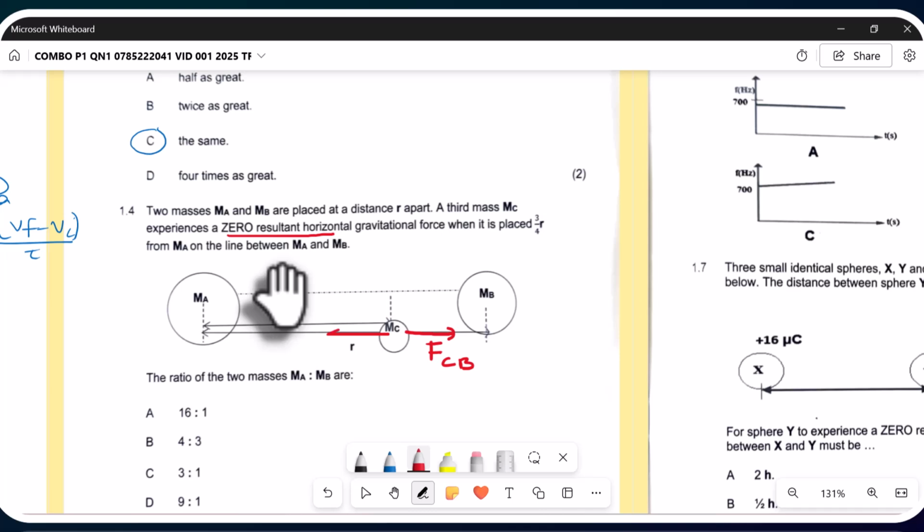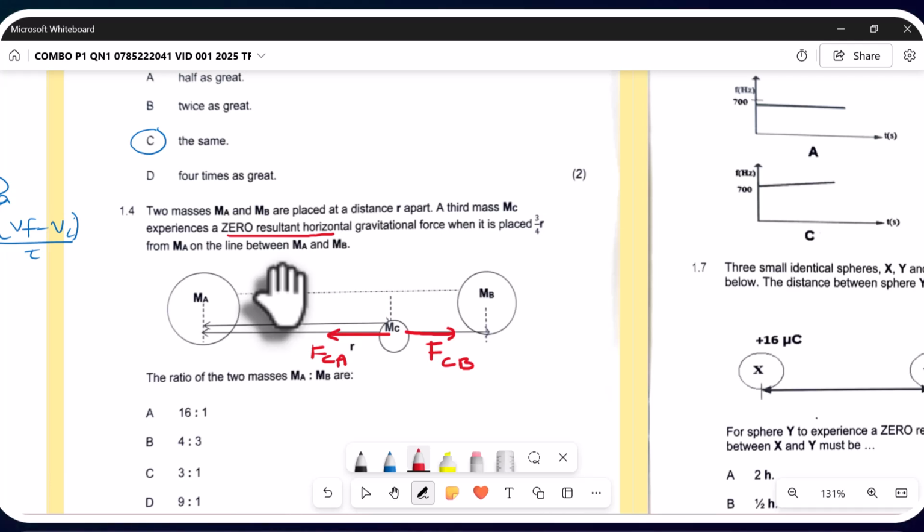What do we know from our theory? For any two bodies in the universe, there is a gravitational force of attraction which is directly proportional to the product of the masses and inversely proportional to the square of the distance between their centers.